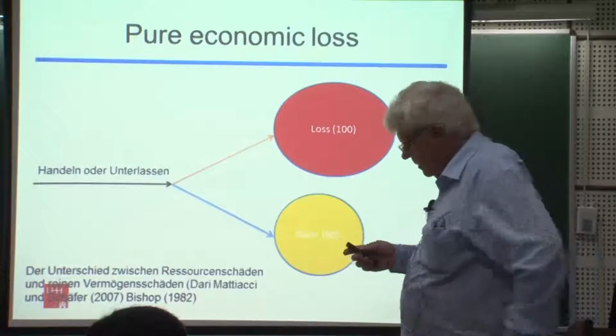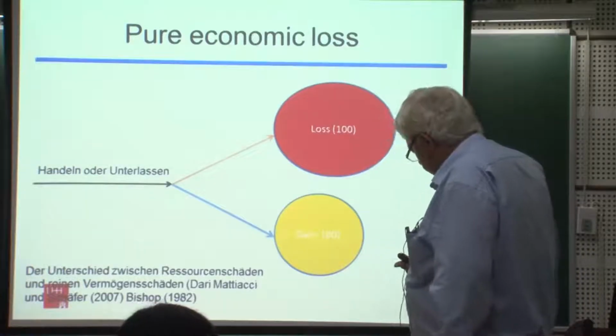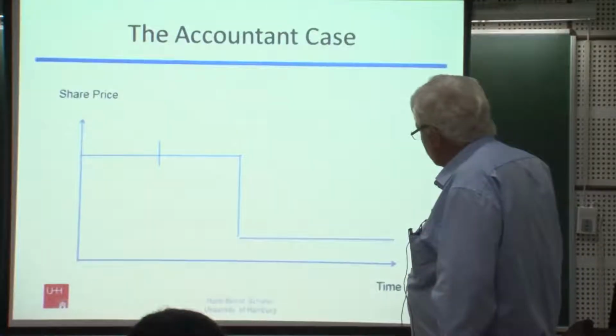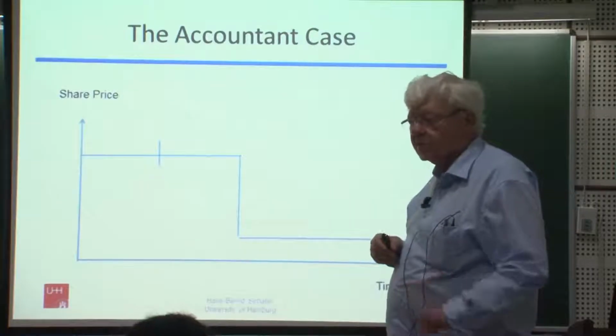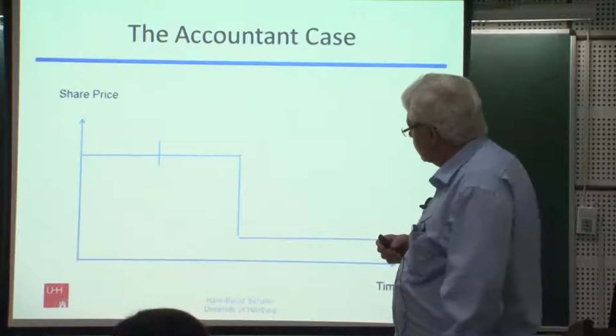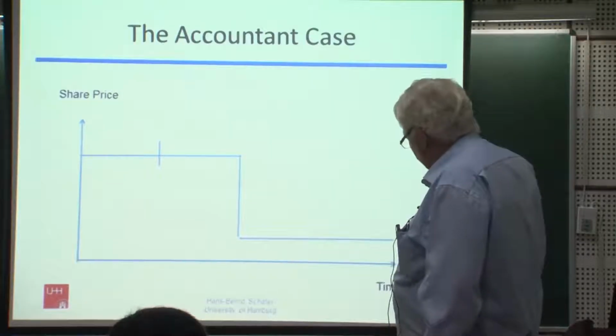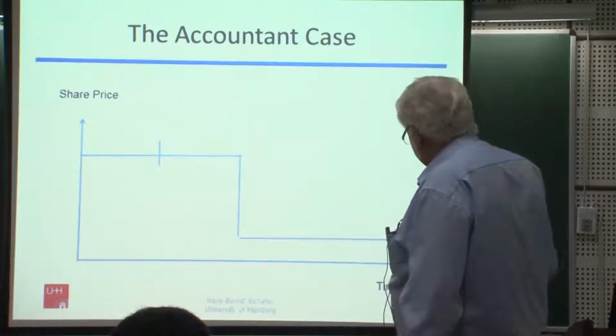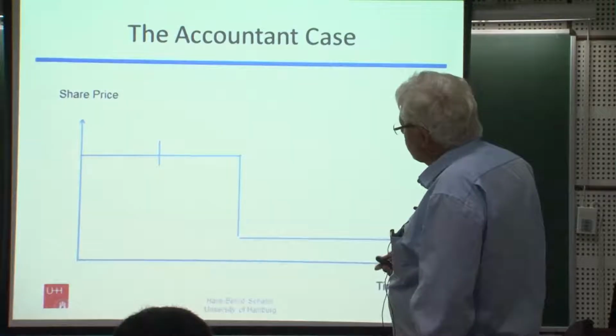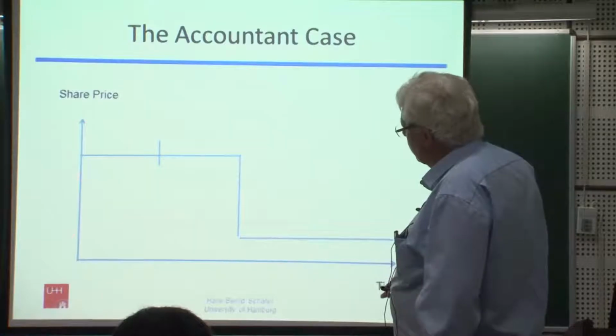See what I mean? Now we can relate this to this accounting case, which I just told you. And that illustrates it. Now, here we have the timeline. And this is the share price for the company.